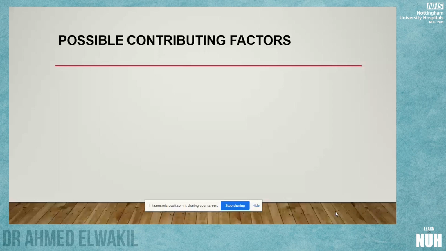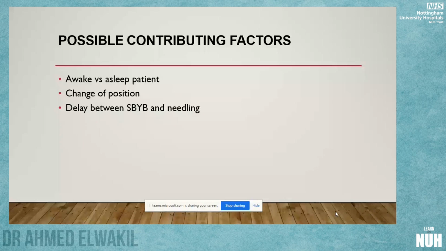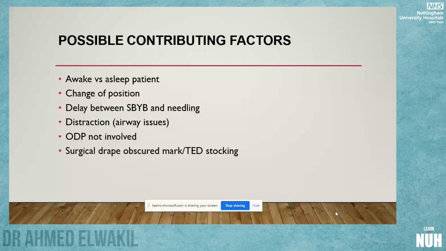And in order to understand it, there are predisposing factors for this serious event, which can be classified into distraction in the operating room, either from rushing or during teaching, or during a change of patient positioning, or miscommunication, or due to delay between the WHO sign-in time and the time of performing the nerve block.